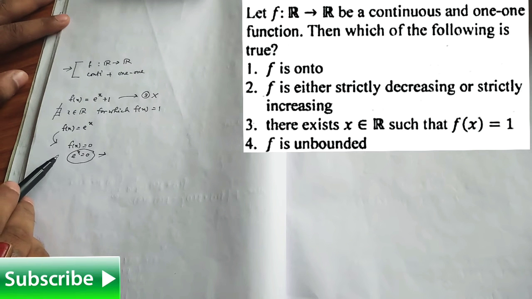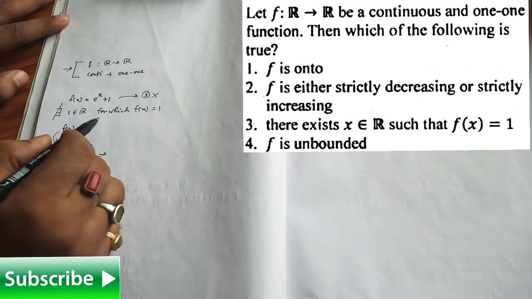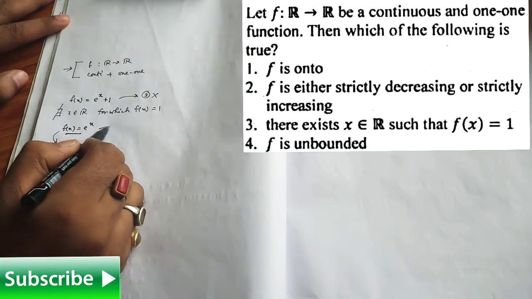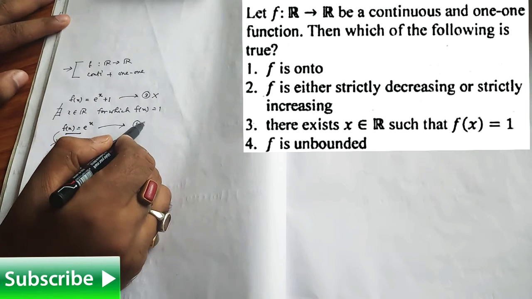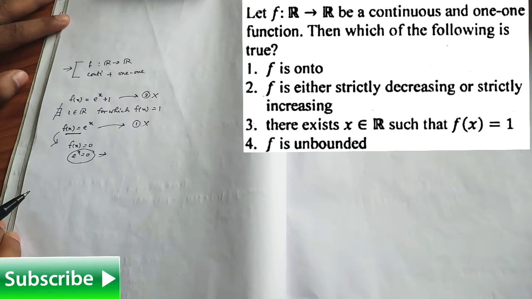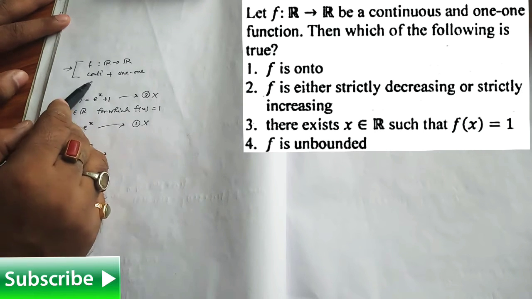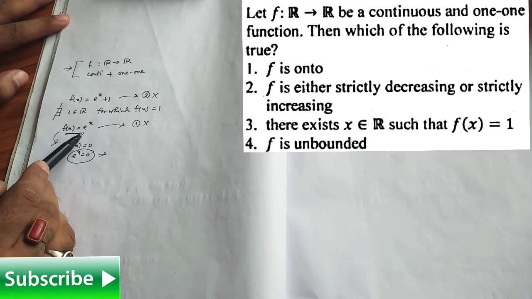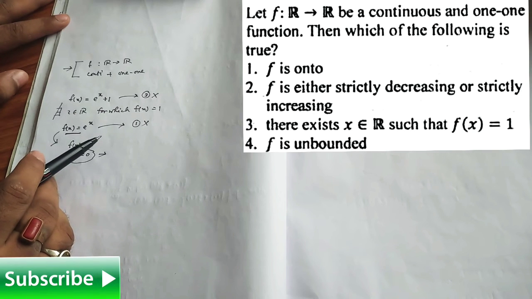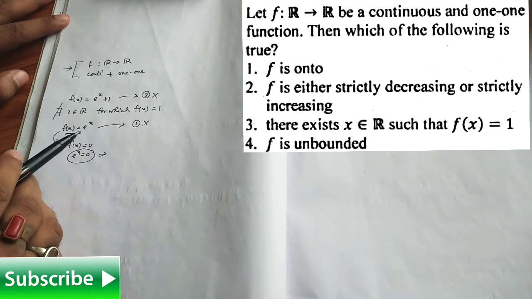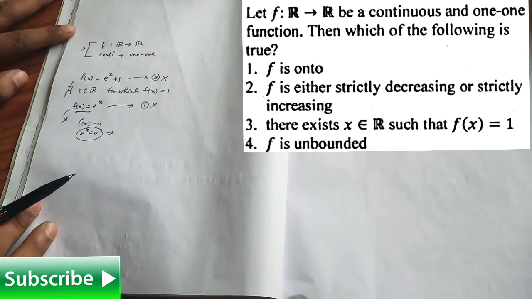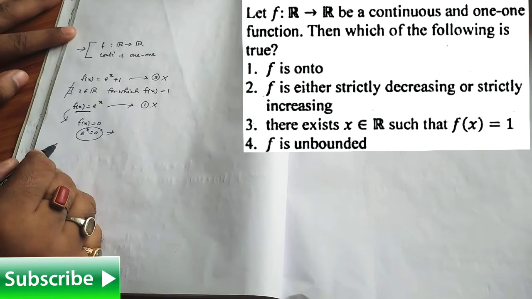This counterexample discards option 1. This function f(x) satisfies the given condition, but it is not an onto function. Clear?